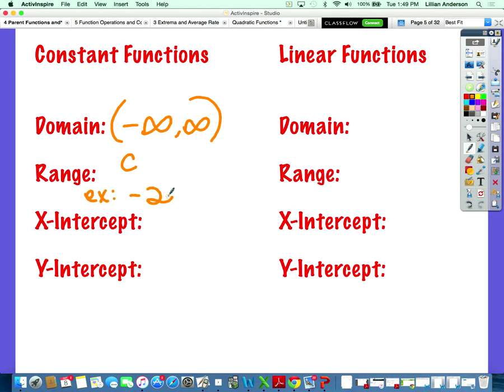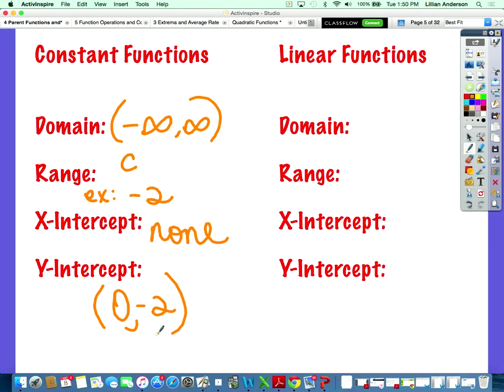Do I have any x-intercepts for my constant function? No, I don't. Even if my constant function was the x-axis, y equals 0, I wouldn't have a specific x-intercept. I would have several, infinitely many. What about y-intercept? 0, comma, -2.